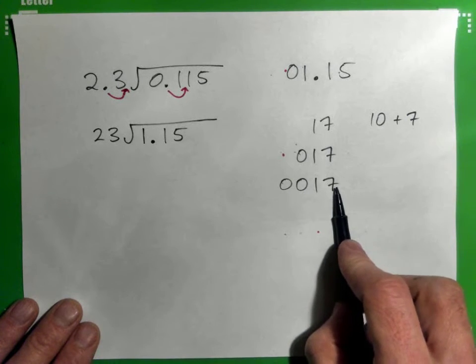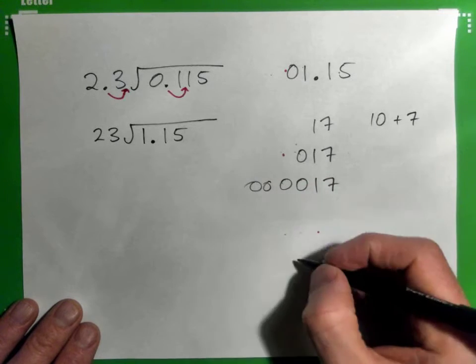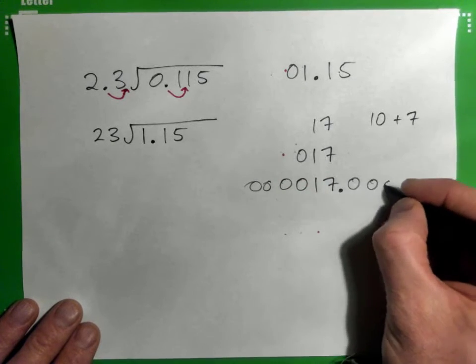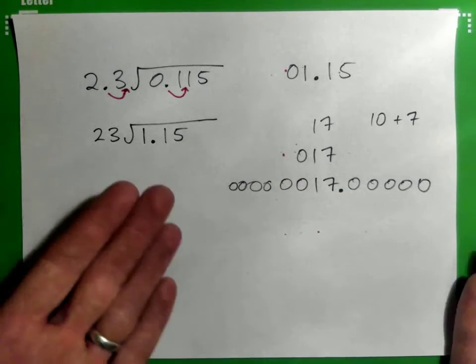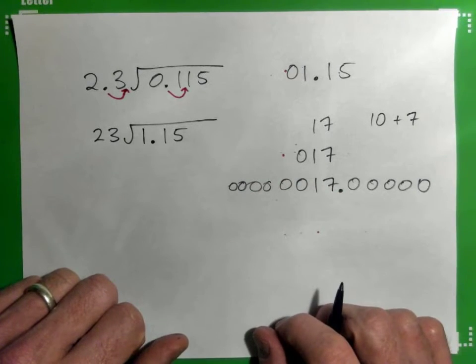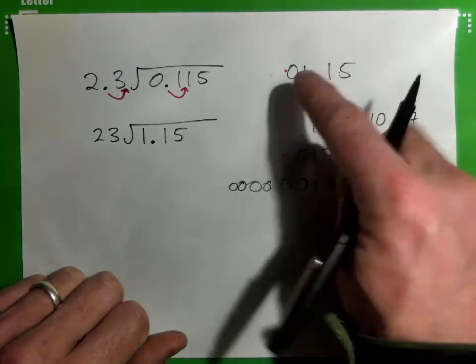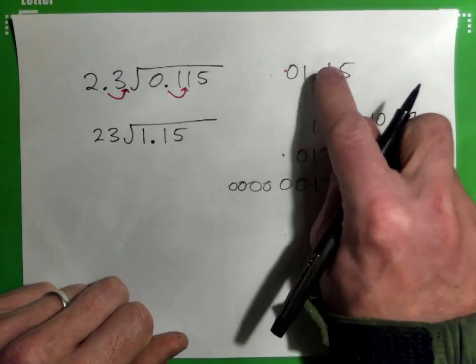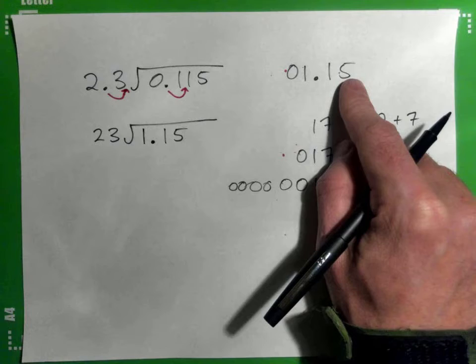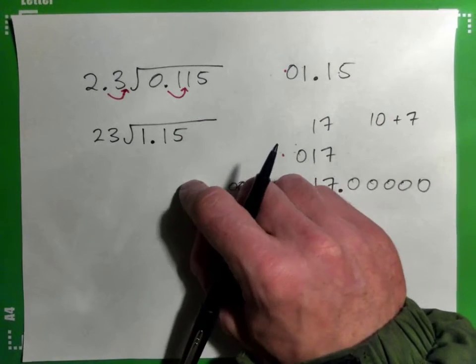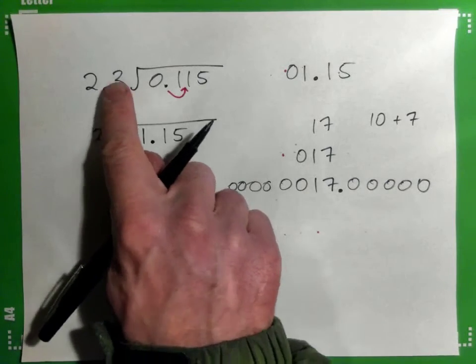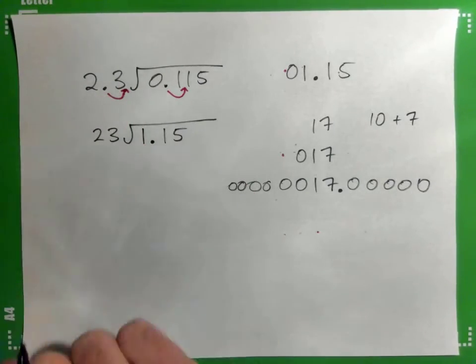Or you can put lots of zeros here if you want to, and 0.0000, all you like. But it doesn't change anything. It's just 17, right? So 1.15 is no tens, 1 unit, 1 tenth, and 5 hundredths. But it's just 1.15. Same thing.